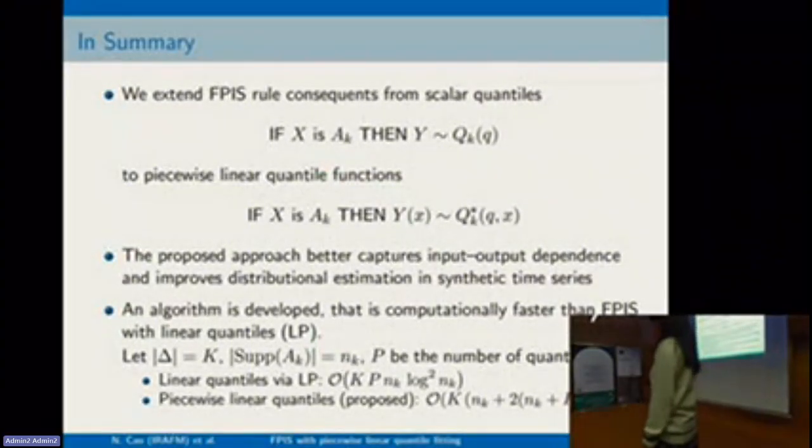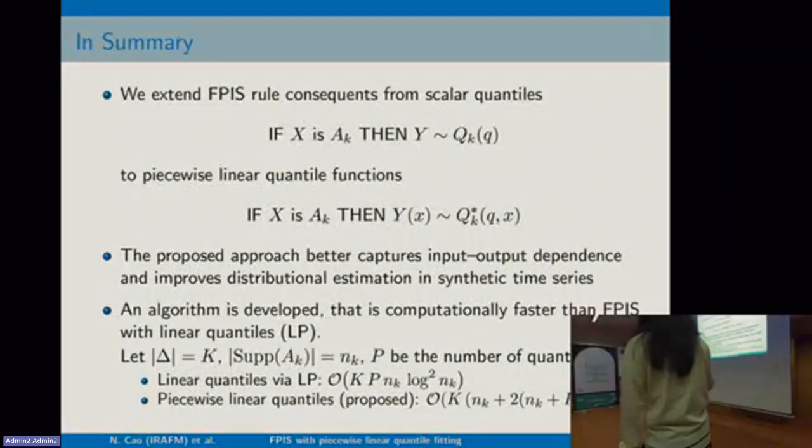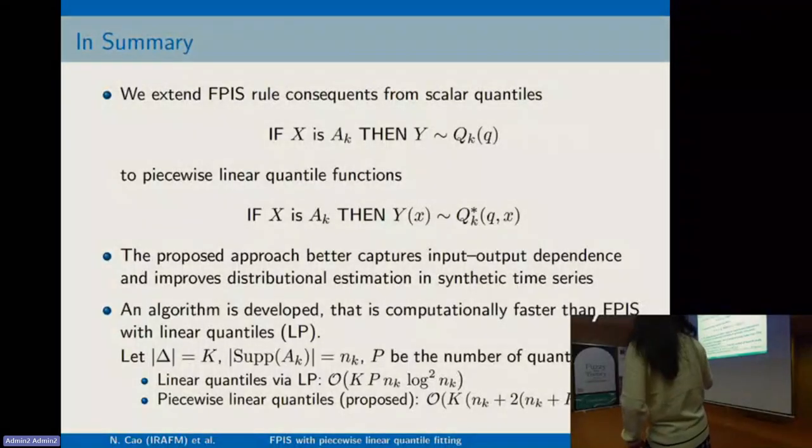So what is the point of this talk? We propose to extend the constant consequence to the form of piecewise linear, with the star meaning already fixed, with the non-crossing to obtain the validity of quantiles. And as I mentioned before, why don't we use the pure linear?